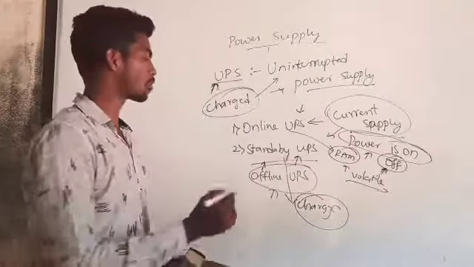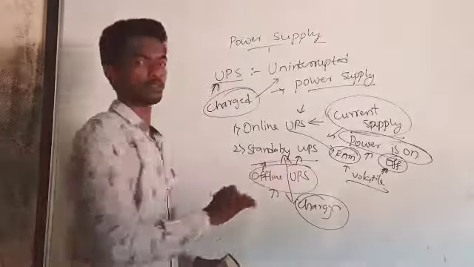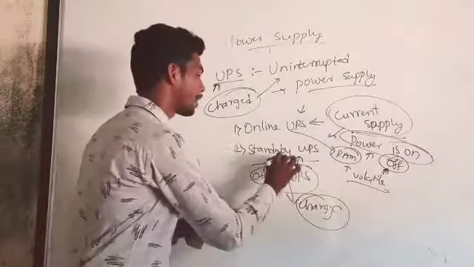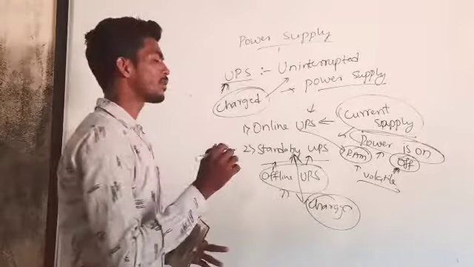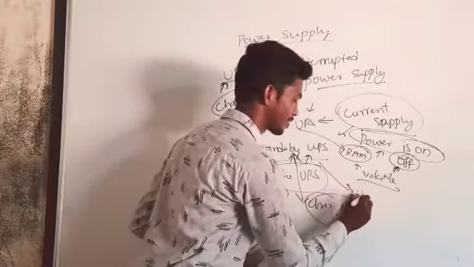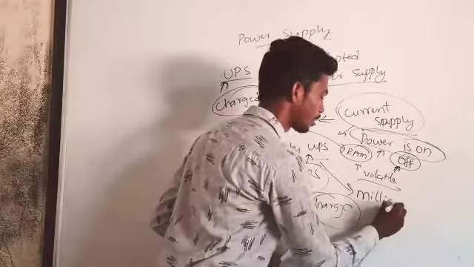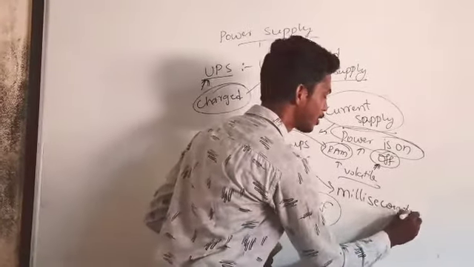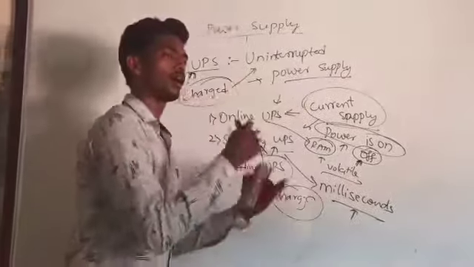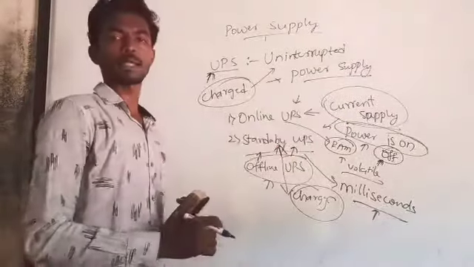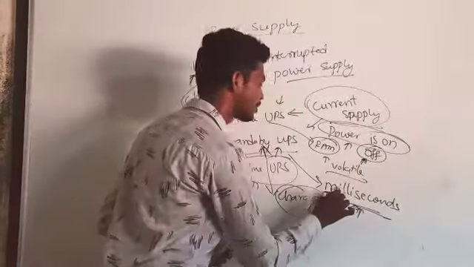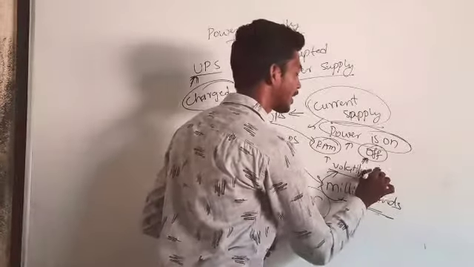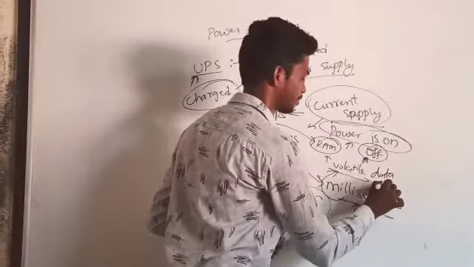When the power goes off, the standby UPS switches on. It takes around a few milliseconds to get on and provide current to the computer system, and in these milliseconds the volatile data gets lost.